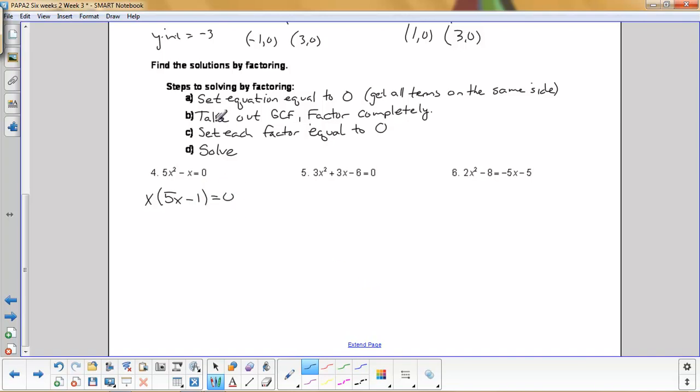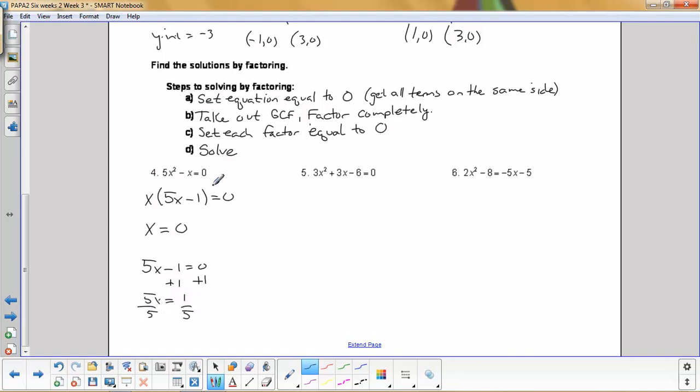Once we've done that, we're going to set each factor pair separately equal to 0. So that means x equals 0. That one was a simple solution. And 5x minus 1 also equals 0. Solve for x by adding and dividing, and you get 1/5.